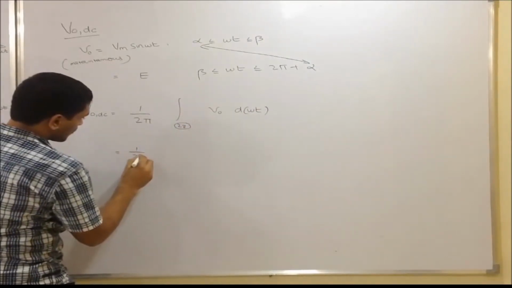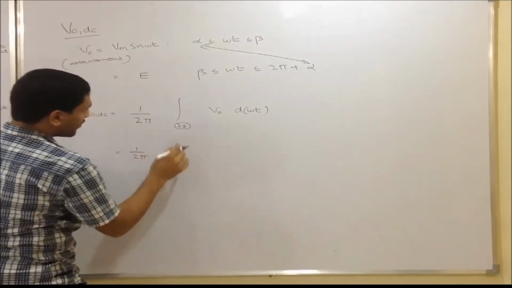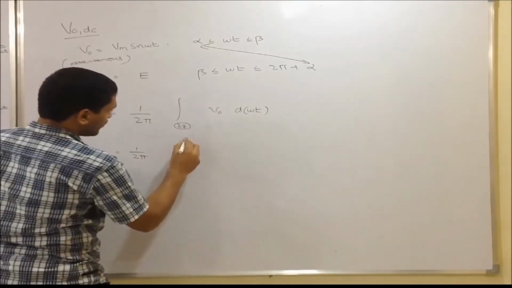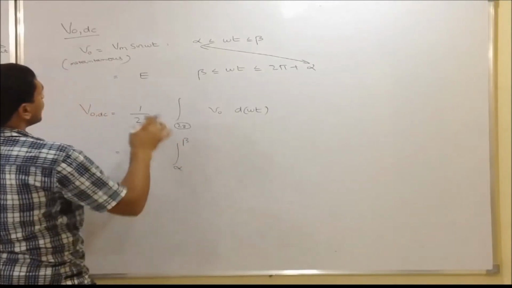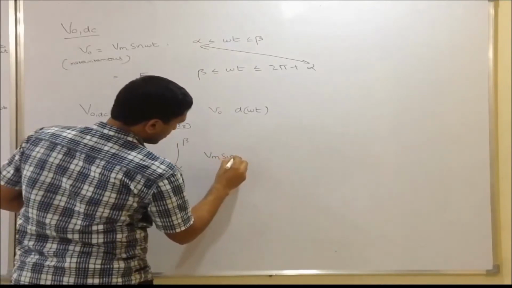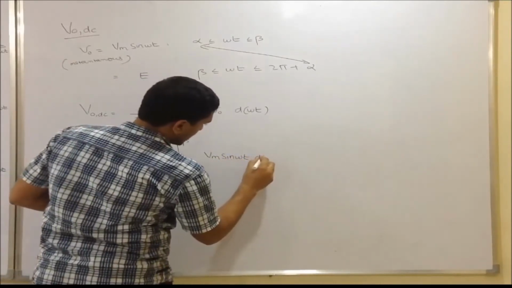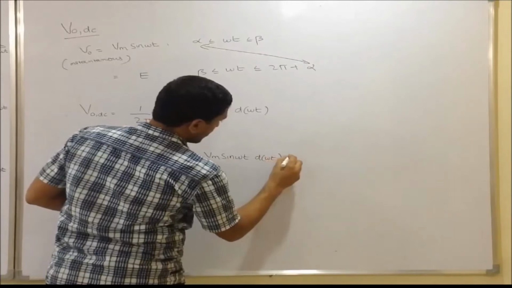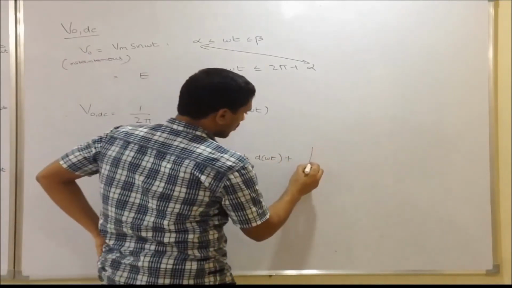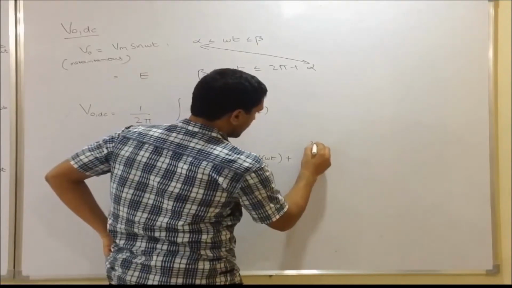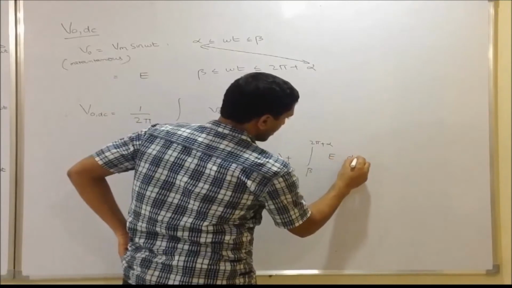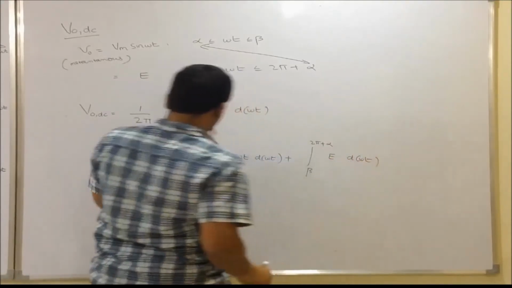So, I am taking starting point as alpha to beta. In this period, my V0 is Vm into sin omega t, d omega t. And again, I have to look from beta to 2 pi plus alpha. I have to cover 2 pi interval, beta to 2 pi plus alpha, E into d omega t.